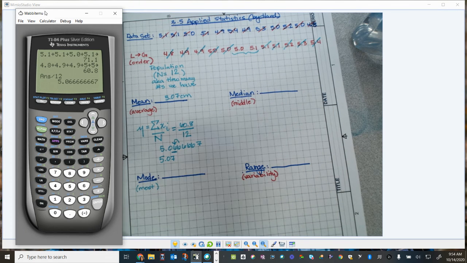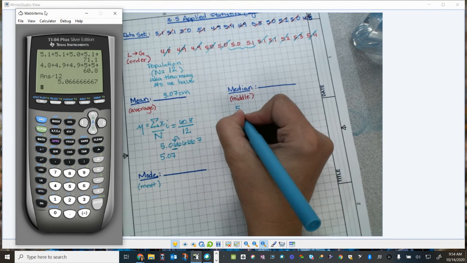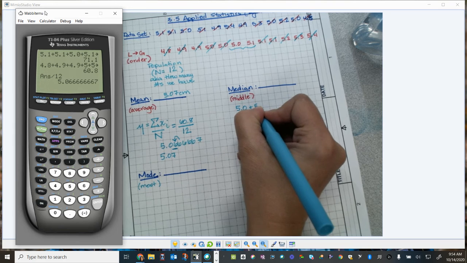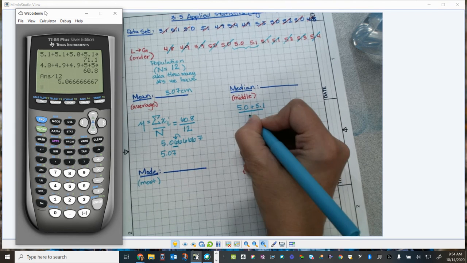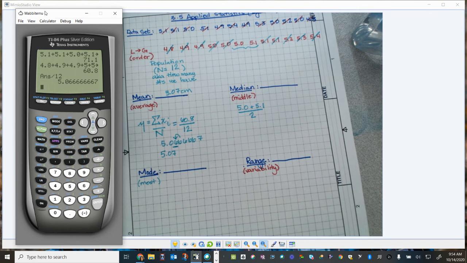So what I do is I take 5.0 plus 5.1, and I'm going to divide them by 2. Add up those middle numbers, 5.0 plus 5.1, hit enter, and then I'm going to divide it by 2 to get 5.05.